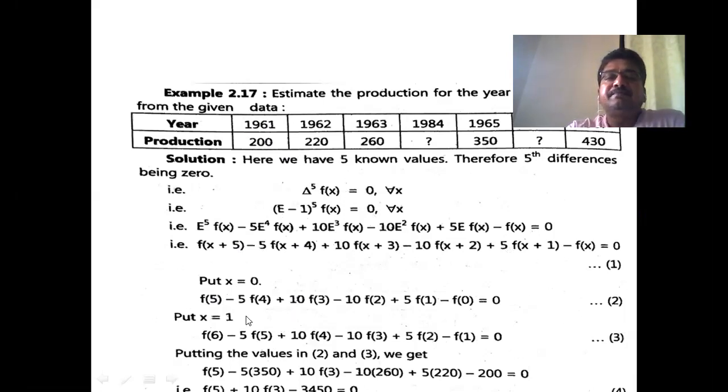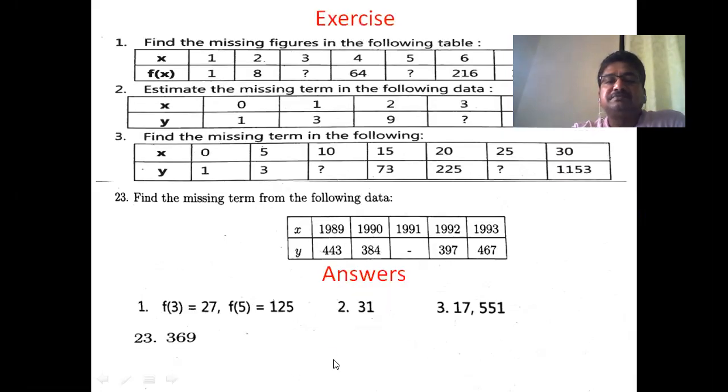Then substitute x is equal to 1962 and simplify, and that is equation number 2. Solving these two equations for f of 1964 and f of 1966, we get the values.